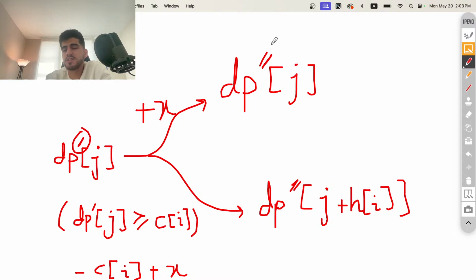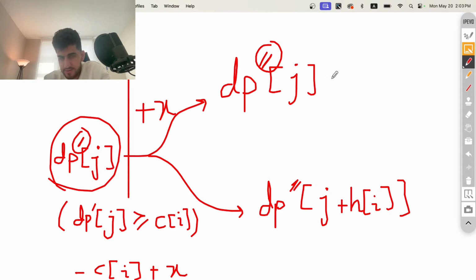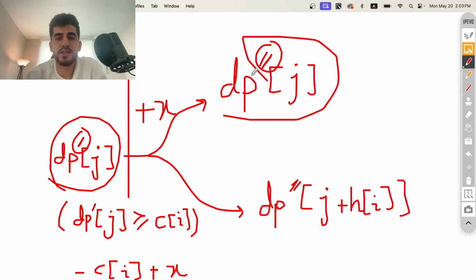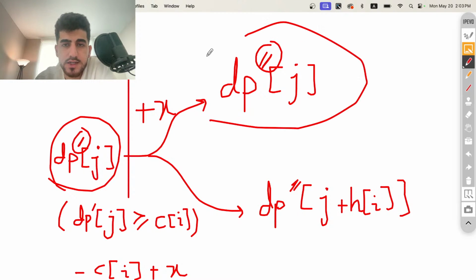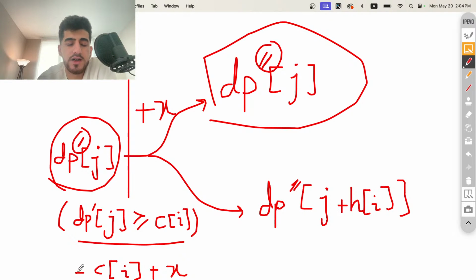They are just to show what my dp is before this round and after this round, after this month. So if we do nothing, the same dp will be added by x. If we buy happiness, we have this condition, and only under this condition can we buy happiness. Then our money will be subtracted by c of i and increased by x, and then we will go to dp of j plus h of i.